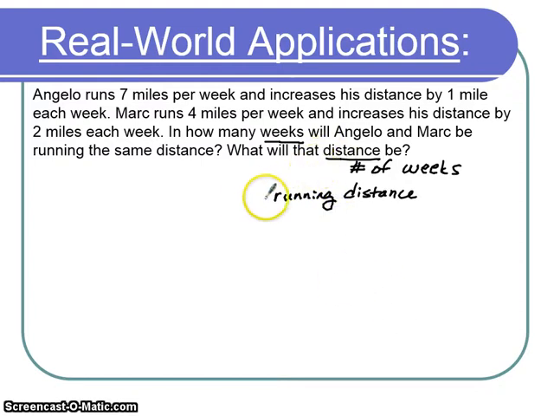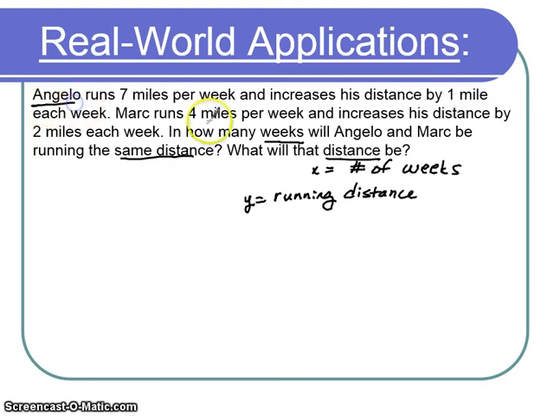Now, I know that the running distance depends on how many weeks the person has been running. I also know that we're trying to figure out when they will have the same distance, so we're looking for when the two will be equal.